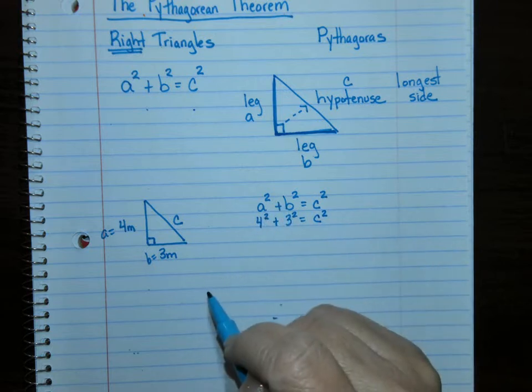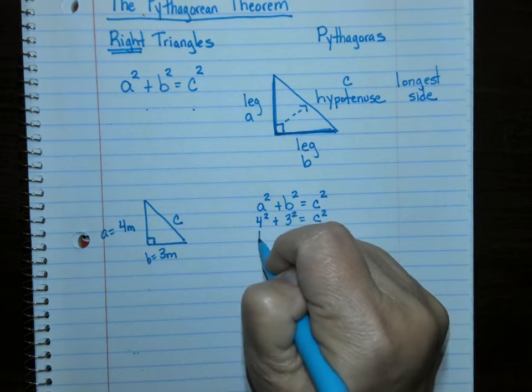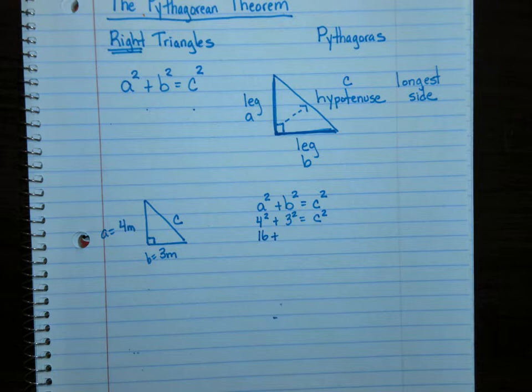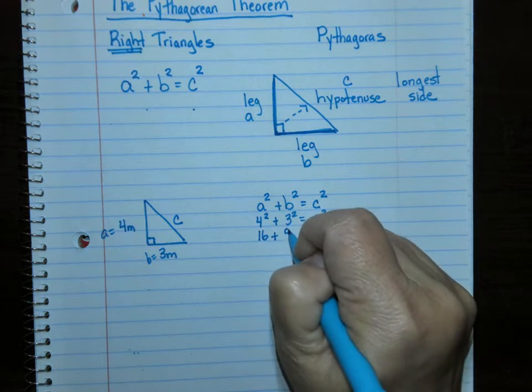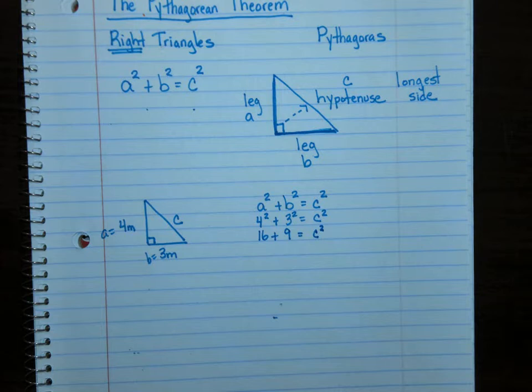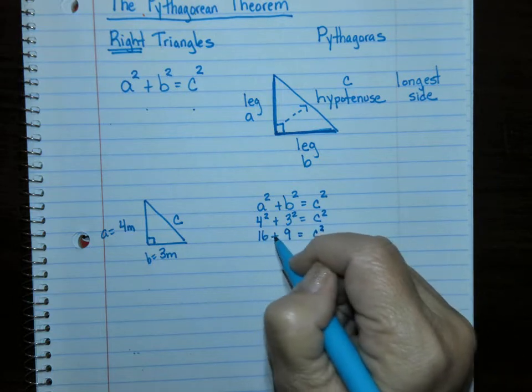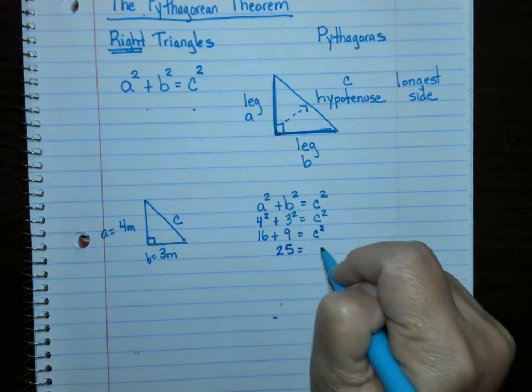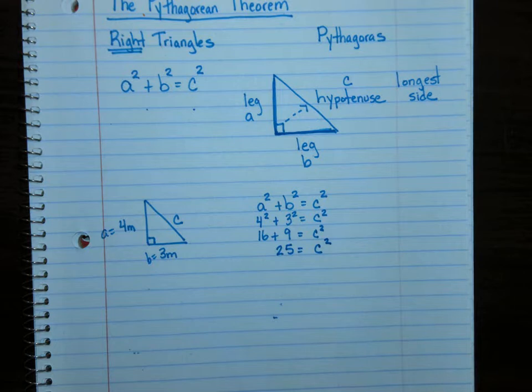So 4 squared means 4 times 4, which is 16. And 3 squared means 3 times 3, which is 9. Then we add the 16 and the 9 together, and we get 25 is equal to c squared.